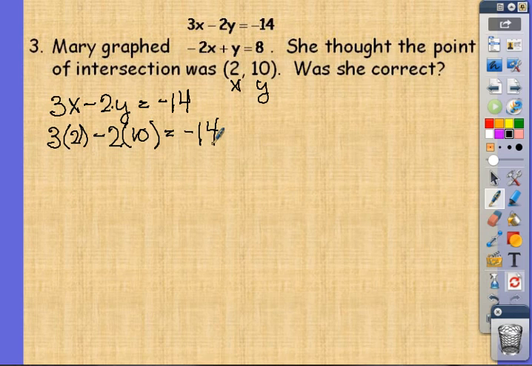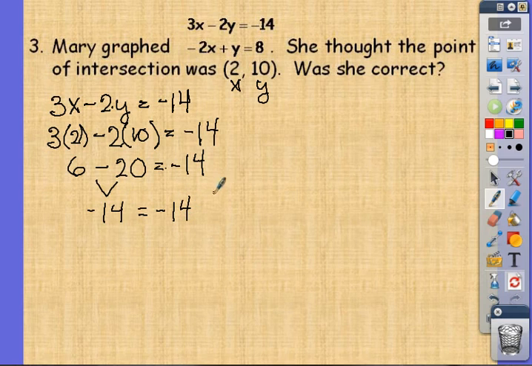Okay, 3 times 2 is 6 minus 20. It's supposed to equal -14. What's 6 minus 20? -14. So guess what? -14 does equal -14, doesn't it? Yeah. So do we just stop and say her solution is correct? No, because it has to work for both. So we have to try this other one.